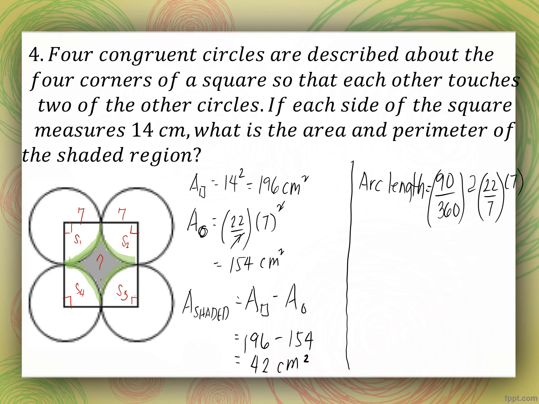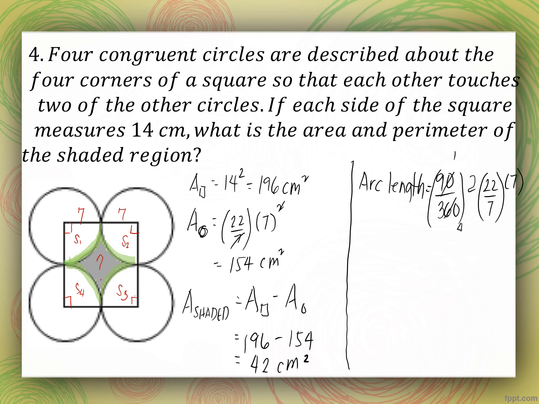Now, you can use 3.14. It's just that I see that the radius is 7, and since we have the denominator of 7 in 22 over 7, we can cancel it out. That's why I chose 22 over 7. So let's simplify. 90 over 360, of course, is 1/4.